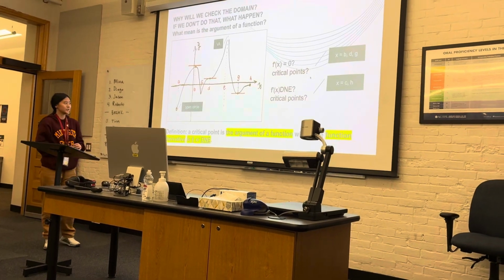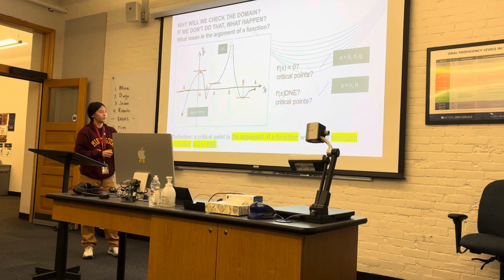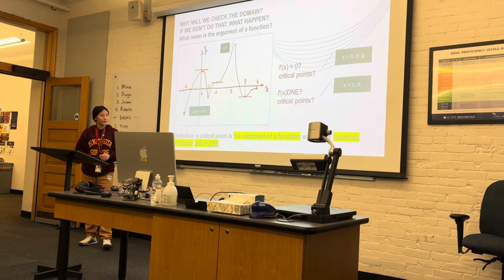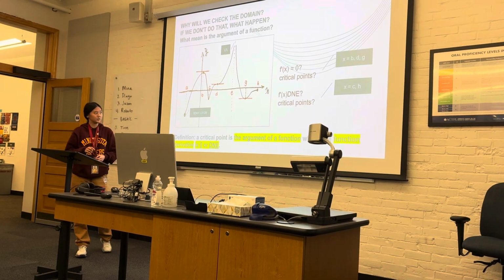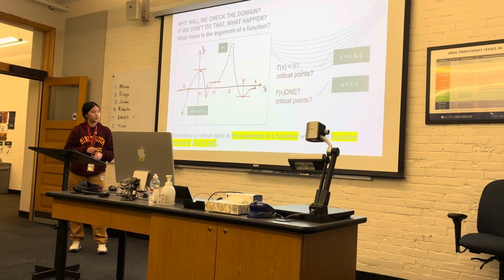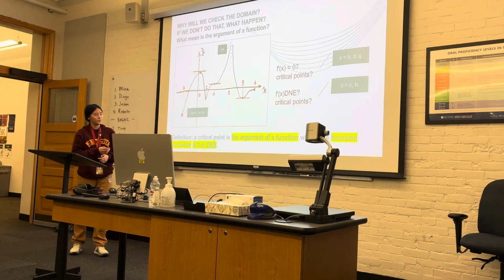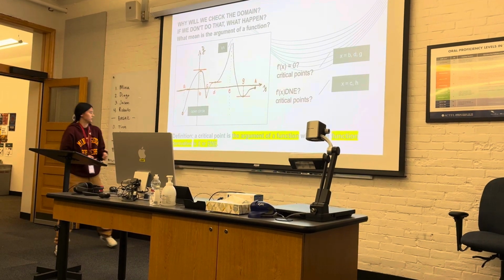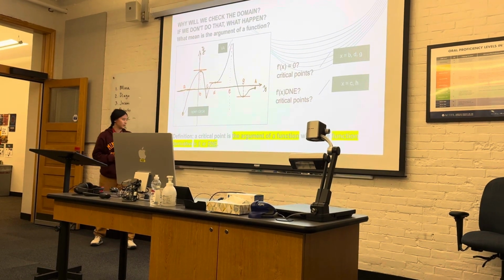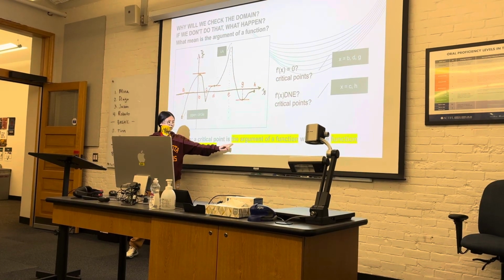So we find the final answer: f prime of x equals 0 when x can be b, d, g, and f prime of x does not exist when x can be c and h. So come back to look at the definition. A critical point is the argument of a function.